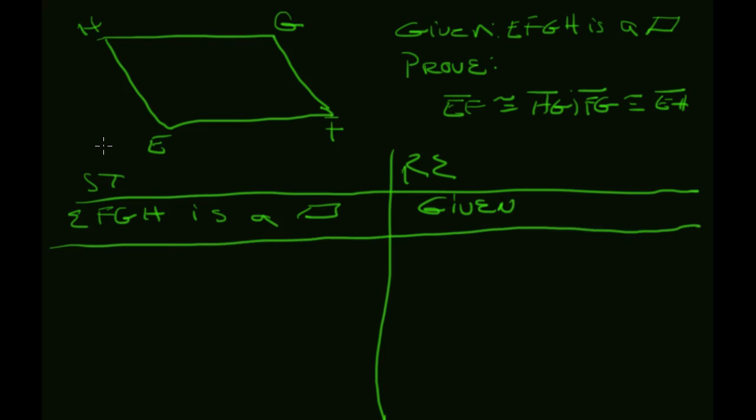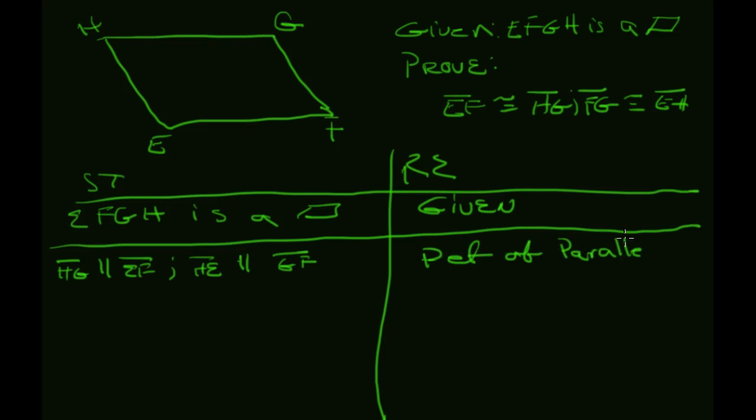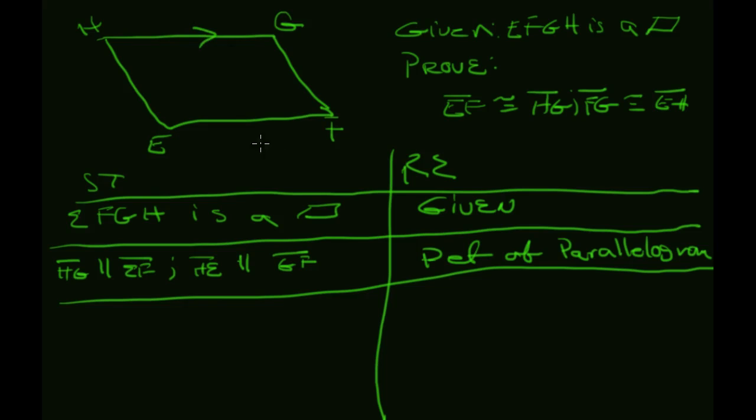Alright, so right off the bat, that tells me that HG is parallel to EF, and HE is parallel to GF, because that's what it means to be a parallelogram. So that's the definition of a parallelogram.